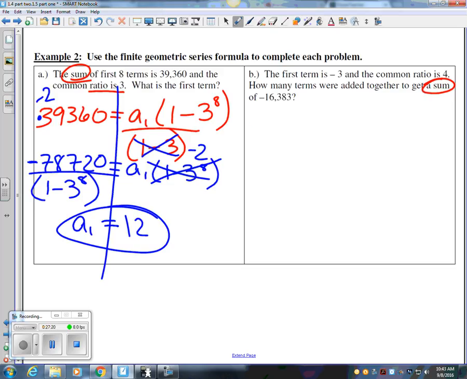Yes. Equals, Mariah, do I know A1? Parentheses 1 minus, Kirsten, do I know R? Very good. Kayla, do I know N?